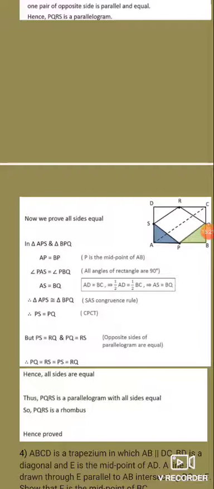Therefore, PQ is equal to RS is equal to PS is equal to RQ. Now listen, thus we prove all sides are equal. Thus PQRS is a parallelogram with all sides equal. So PQRS is a rhombus.